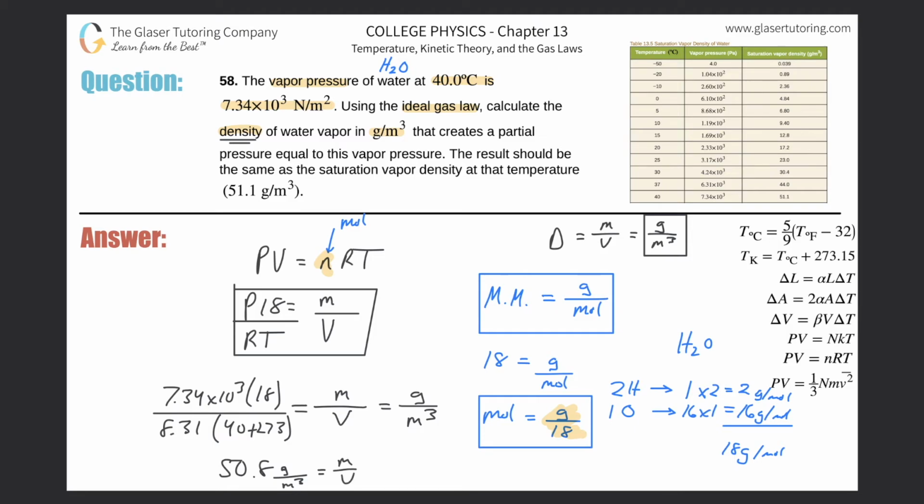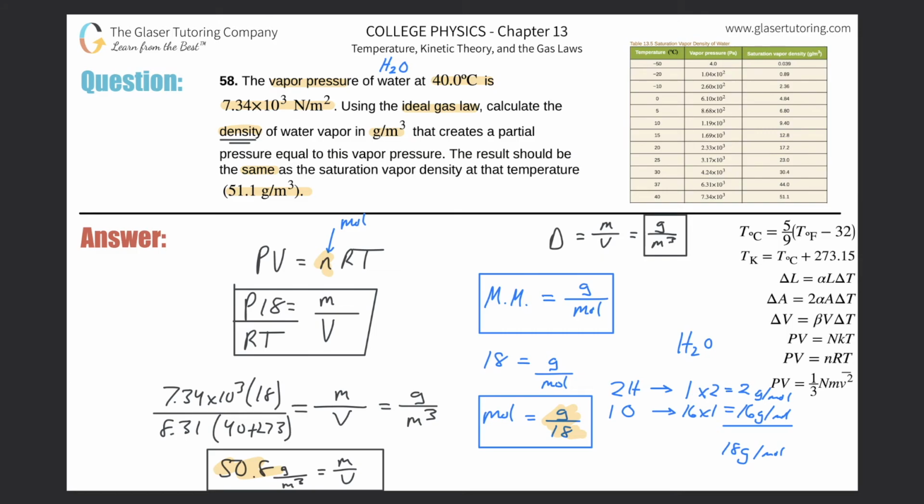So now notice, on the table, it says the result should be the same. Okay, so then it says at the bottom, the result should be the same as the saturation vapor density at that temperature, so 51.1 gram per cubic meter. Here I got 50.8, so one of two things is possible here. Either I plugged a value in wrong, so let me just double check.